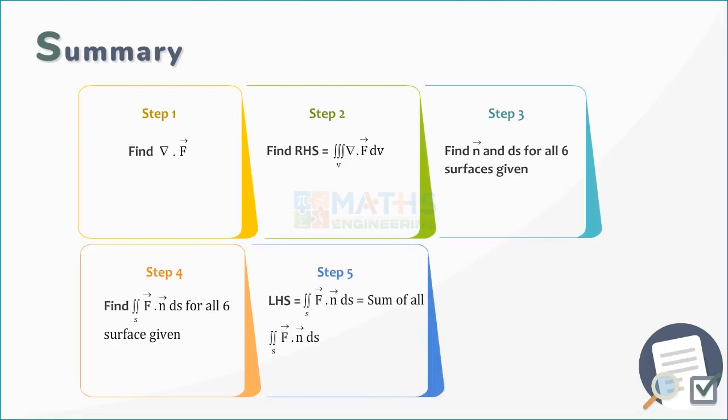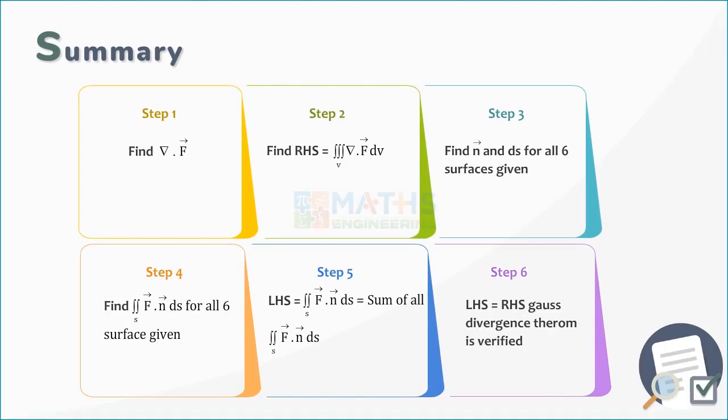The left hand side is equal to the sum of all 6 surface values of double integral over S of F vector dot n vector dS. Finally, we found left hand side is equal to right hand side. The Gauss divergence theorem is verified.